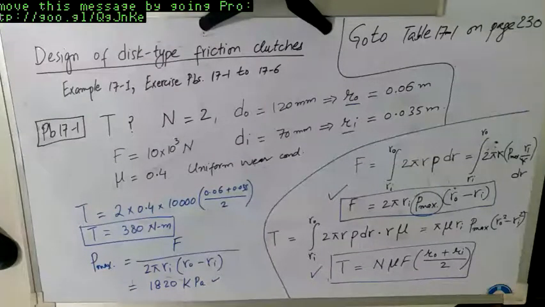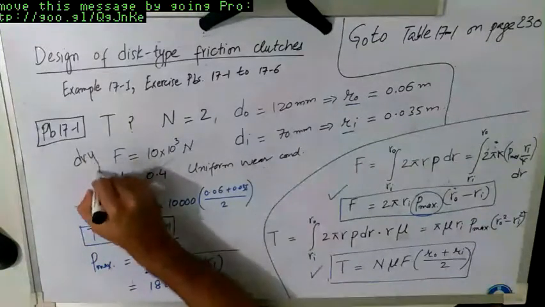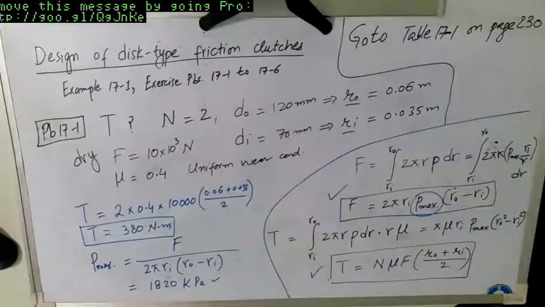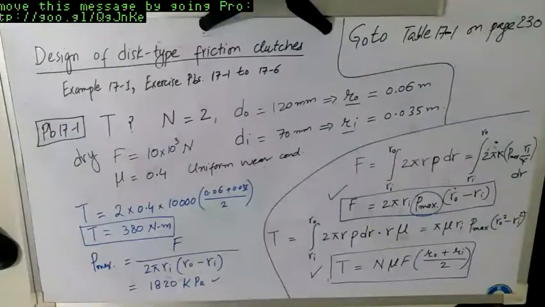The first one is the dynamic coefficient of friction, and in dynamic coefficient of friction we have two categories, dry or in oil. So remember, in this problem, we are in the dry category. But anyhow, the coefficient of friction was already given. Then in the middle column, you see maximum pressure. The maximum pressure in our case comes out to be 1820.